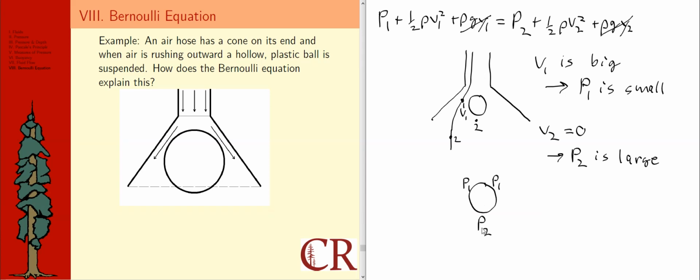So if P2 is a much larger pressure than P1, that suggests a net force that is upward. Although maybe I should say that this is the net pressure force.